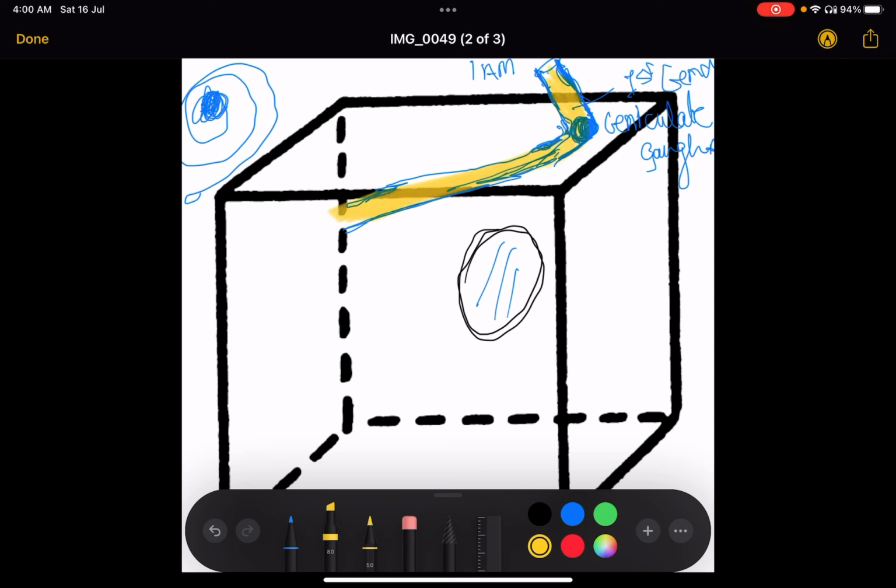It runs all the way horizontally to the posterior wall, and then in the posterior wall, it takes a vertical course. So what I'm saying is that the facial canal is not just a part of the medial wall; it's also part of the posterior wall. That's what I'm trying to say.